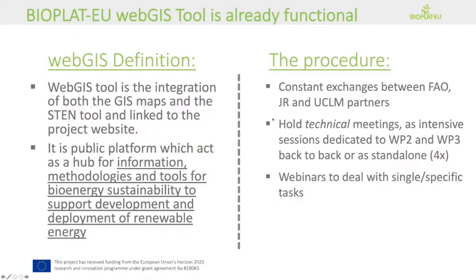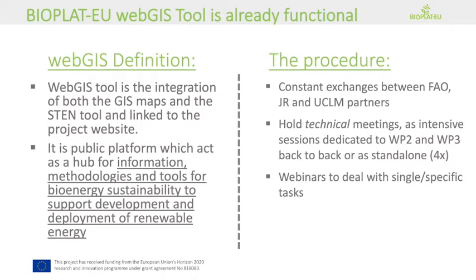The WebGIS tool is the integration of both the GIS maps and the STEM tools, linked to the project website. It is the public platform which acts as a hub for information, methodologies, and tools for bioenergy sustainability to support development and deployment of renewable energy. And the user can simulate the potential to produce biomass for non-food purposes for sustainable bioenergy on marginal lands.